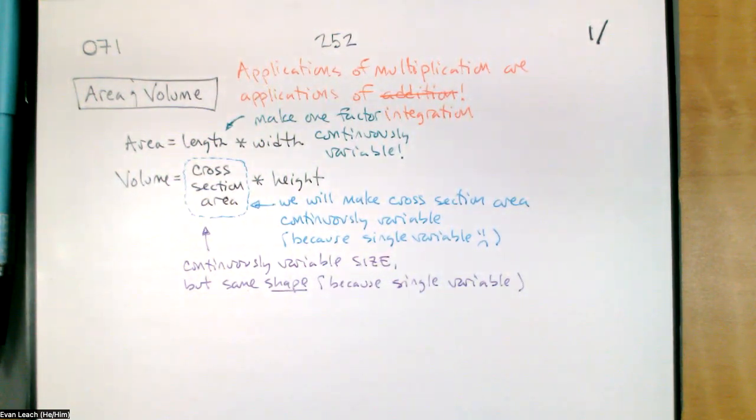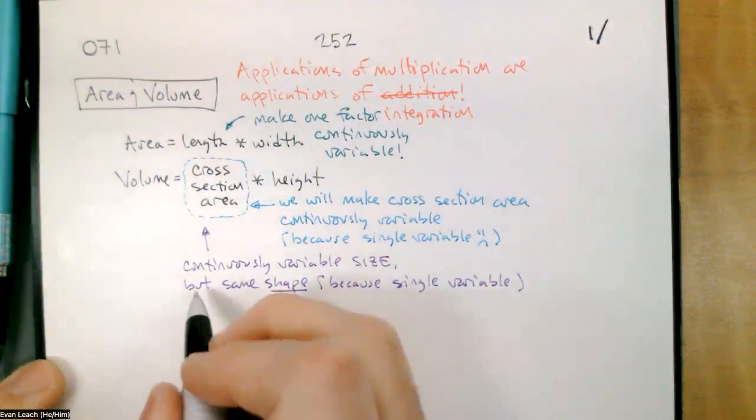We're going to make things easier on ourselves by making things harder on ourselves. So what I mean is that the area will always be a circle, or the area will always be a square.